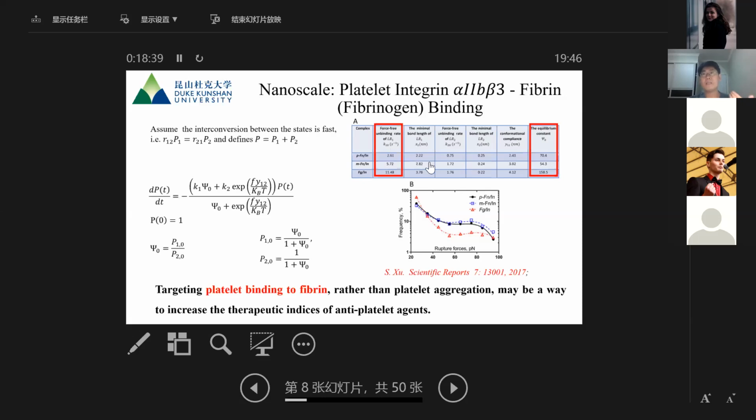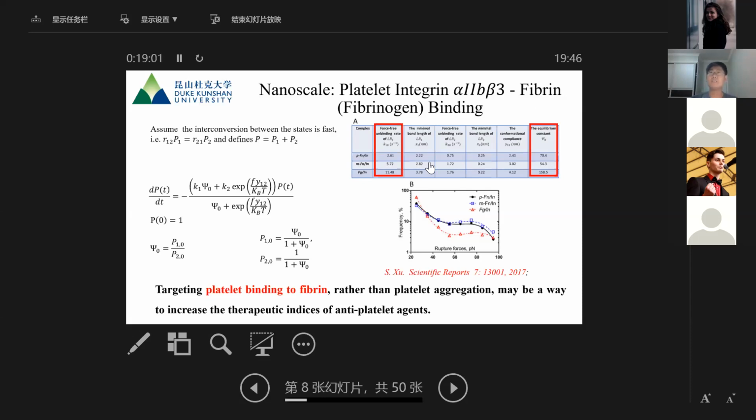So there is more strong affinity in the fibrin complex, and the lower affinity is also hard to break. Combining these two reasons, we can explain why the alpha-2b beta-3 fibrin complex is much more stable than the alpha-2b beta-3 fibrinogen complex. This is the explanation.